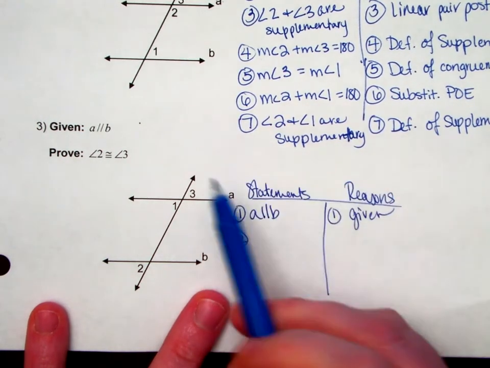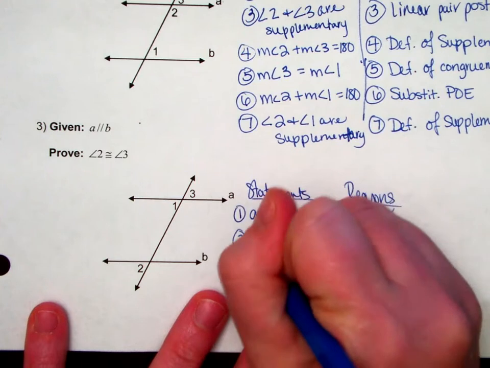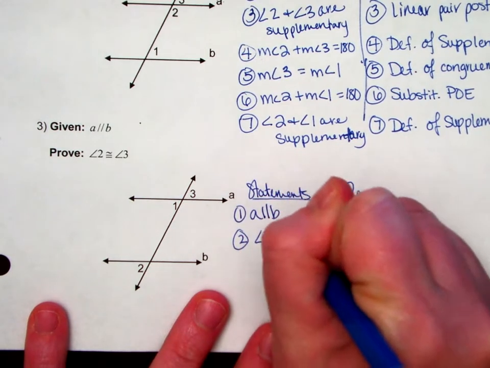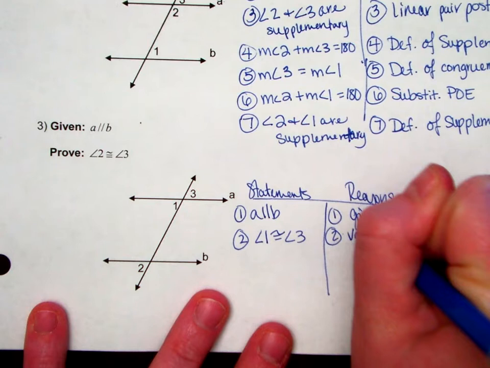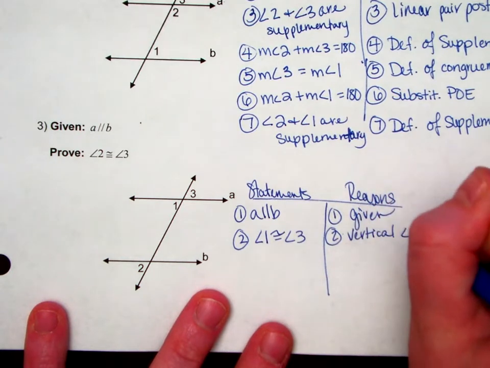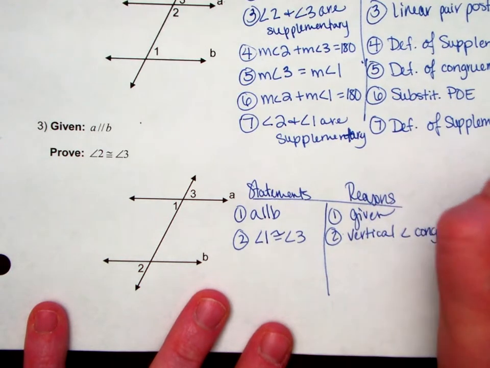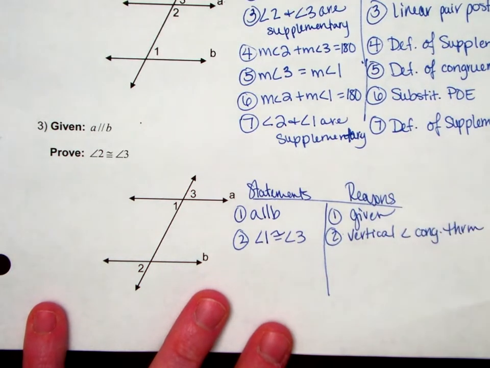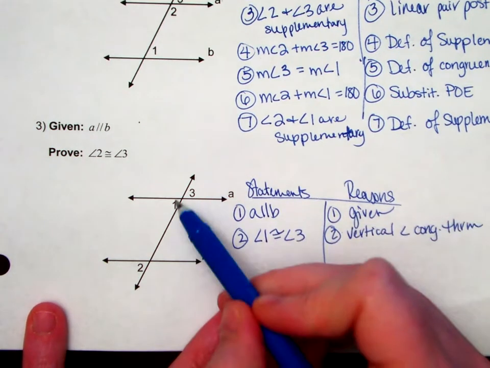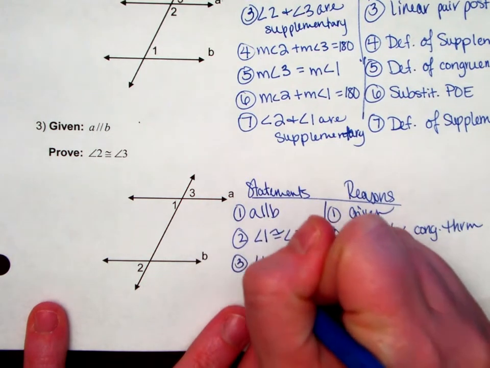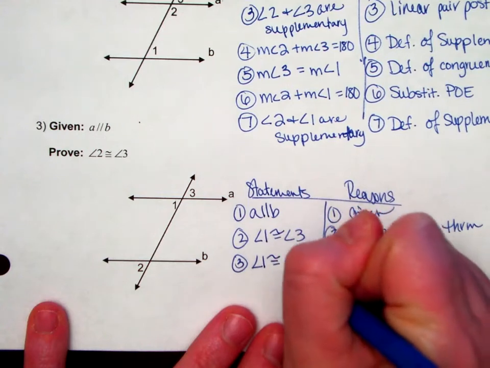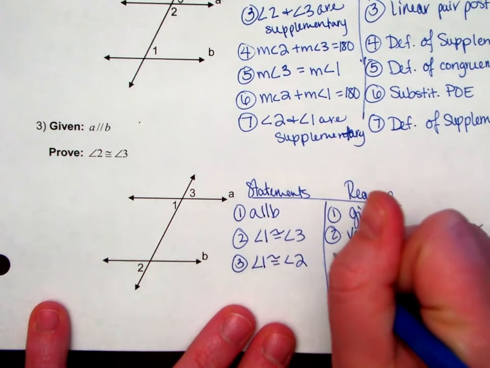Number 2, as I stated, 1 and 3 are vertical angles, so I'm going to say angle 1 is congruent to angle 3. Vertical angle congruence theorem. And 1 and 2 are congruent, and that's by the corresponding angles postulate.